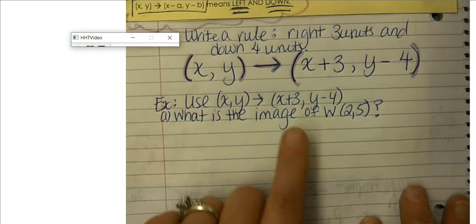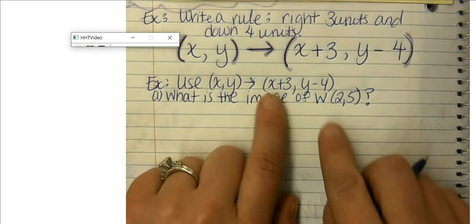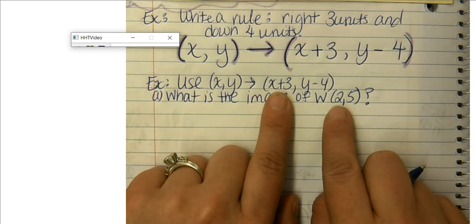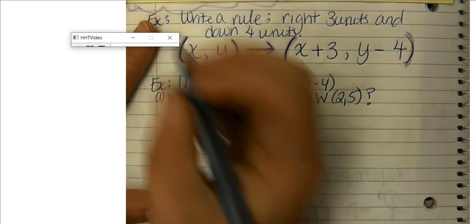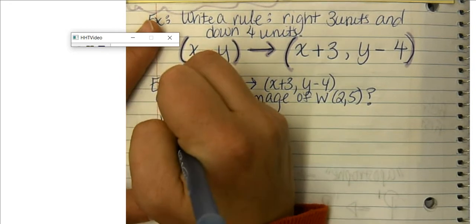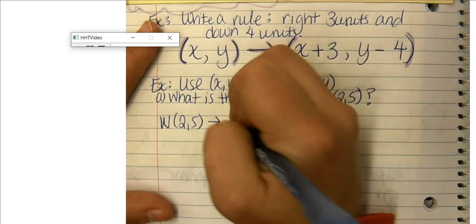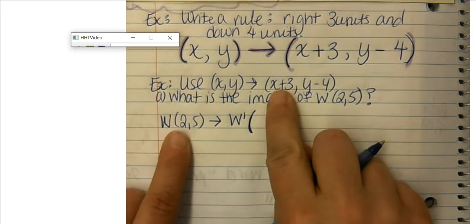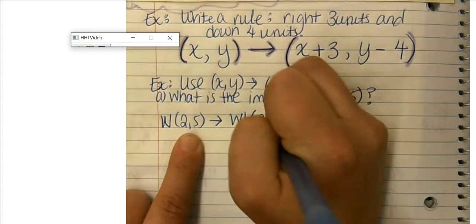So using this rule, what this means is that I am going to take my 2, 5, and I'm going to add 3 to 2, and I'm going to subtract 4 from 5. So the way that we would write this is W, starts off at 2, 5, and it changes into W prime. My X value starts off being 2, and then I'm going to add 3 to it.